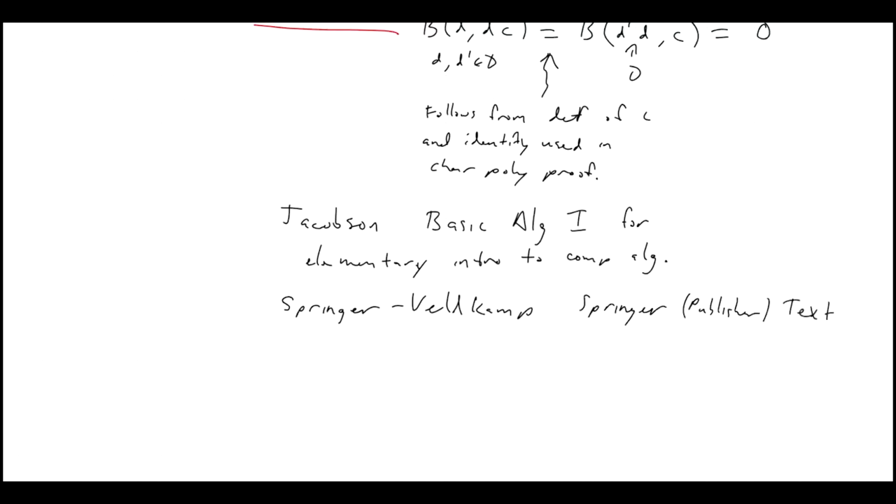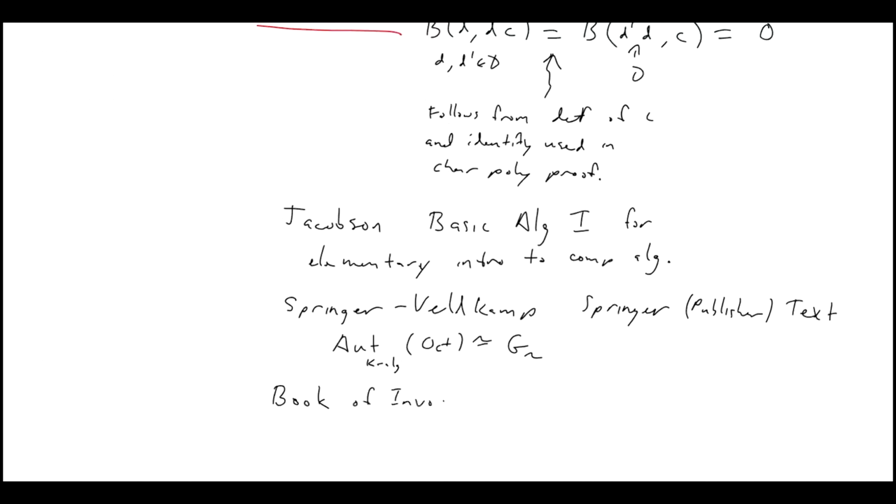And in particular, this is where I'm taking the proof that I'm going to talk about, that the automorphisms of octonions is G2. I'm taking it from Springer-Veldkamp. And then also the Book of Involutions has a lot of useful information about all of these topics. So I think these three sources are quite good.